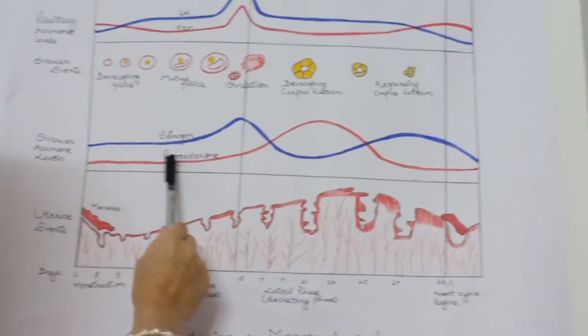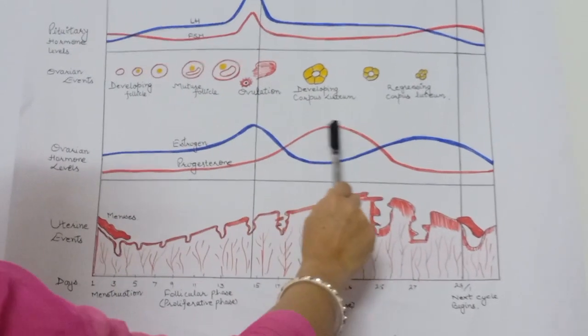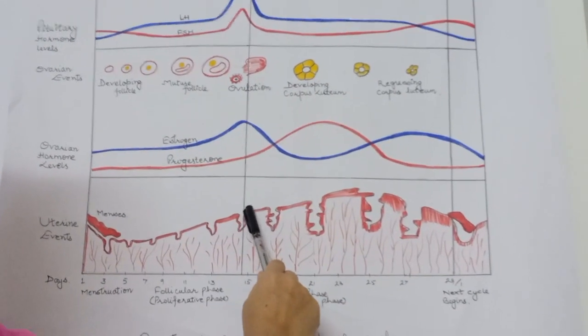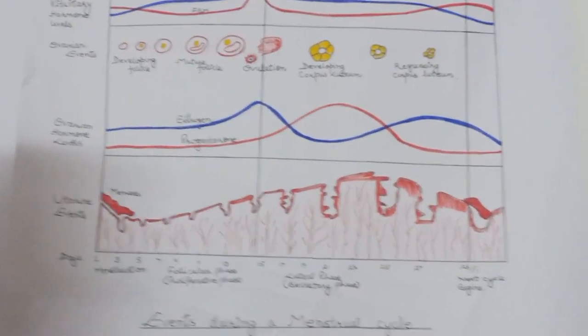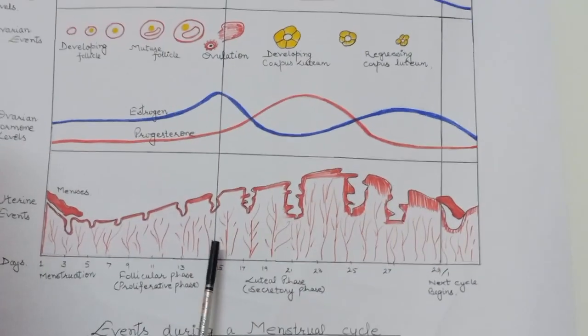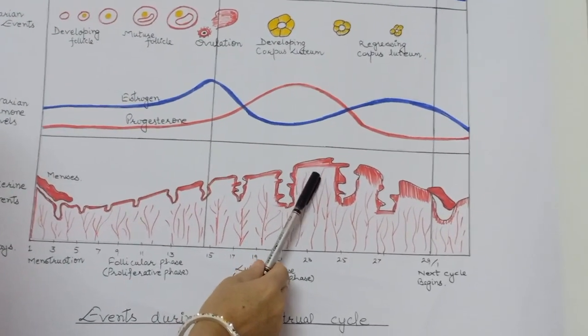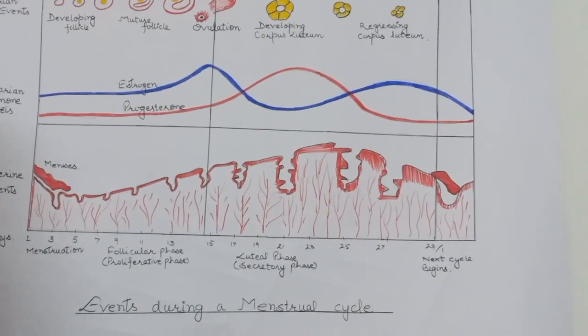The name of the hormone, shown with the red line, is progesterone, and progesterone also increases the thickening of the inner lining of the uterus, that is, the endometrium. The endometrium is necessary for implantation of the fertilized ovum and other events of the pregnancy.